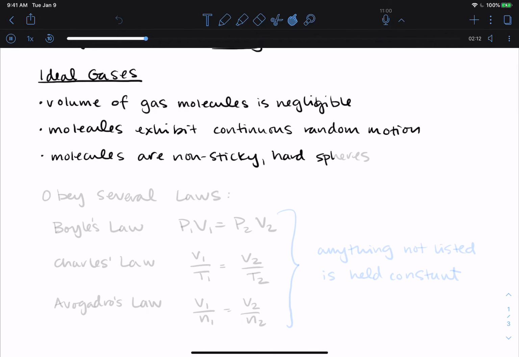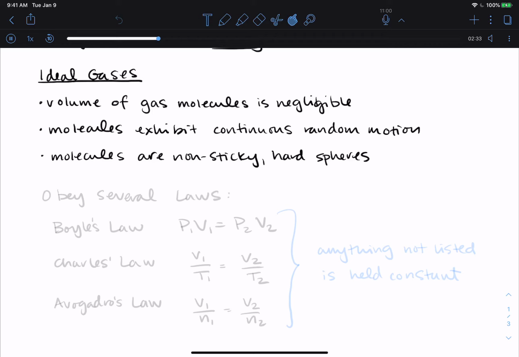So when they run into each other, or when they run into the sides of the container, we'll get purely elastic collisions, just to bring up a little bit more physics. And we will talk about what that means in a later video on kinetic molecular theory.